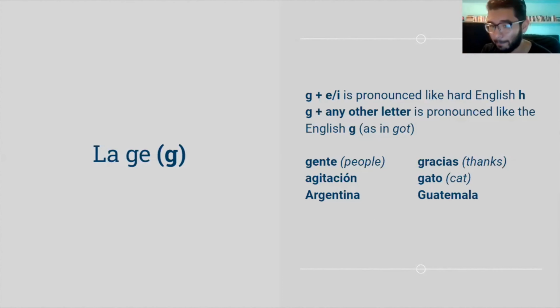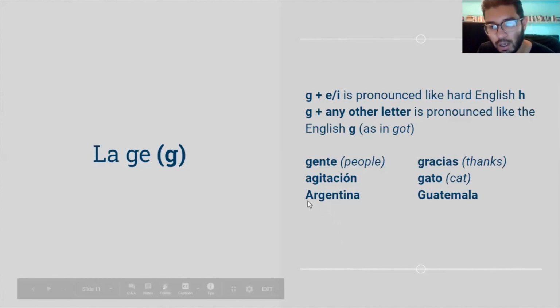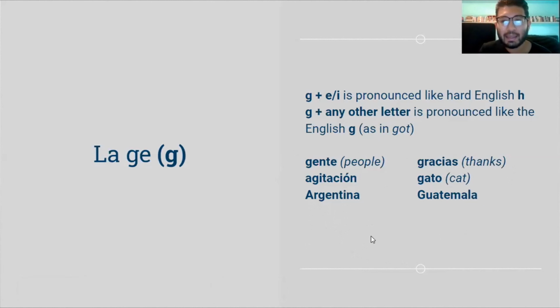In Argentina, exactly the same spelling as in English, Argentina, but a very different pronunciation, especially in that syllable, G instead of J. Instead of Argentina, we have Argentina. Again, that G now producing the English H sound. So that's one of the possible sounds that the letter G can produce. Gente, agitación, Argentina.